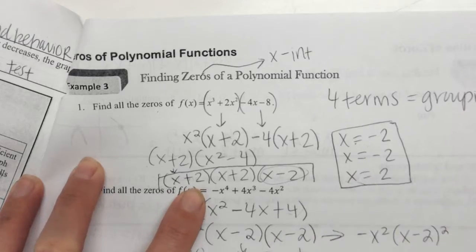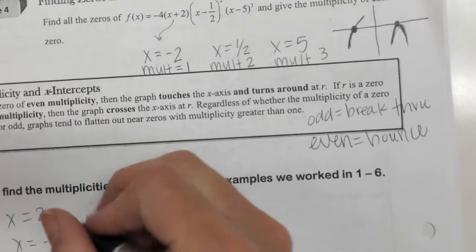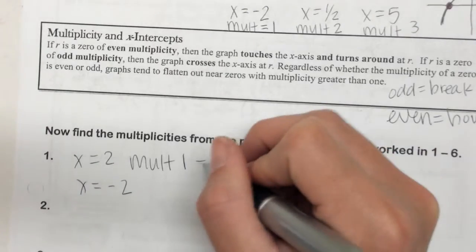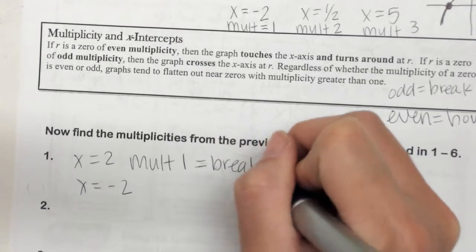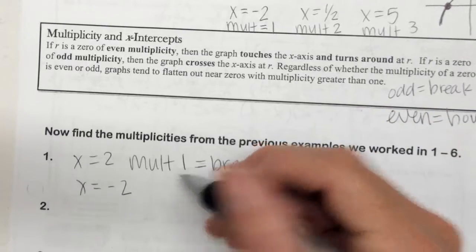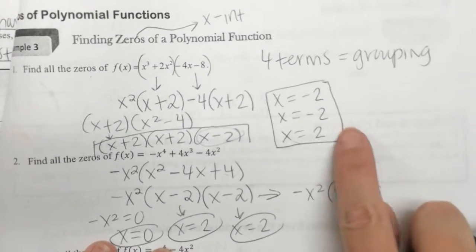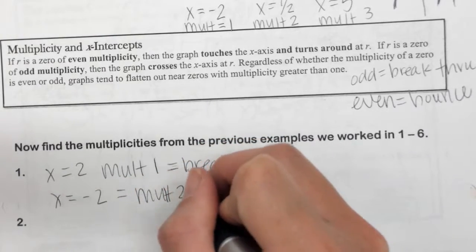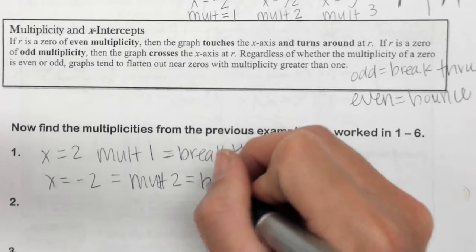We only got it once for an answer, so the multiplicity is 1. Which means it is going to break through the graph because it has an odd multiplicity. This negative 2, you remember that we found that twice here, so it has a multiplicity of 2, which means it is going to bounce off the graph.